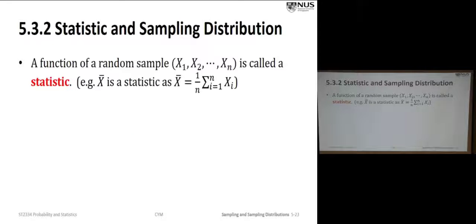All right. Now, we introduce this term, statistic. Statistic, no S. In statistical theory, the word statistic is not about drawing a histogram, looking at the mean, all this. A statistic is a function of the random sample, x1 up to xn.